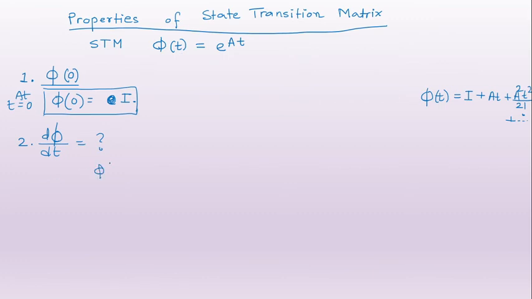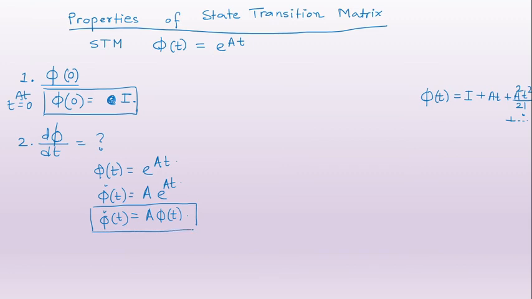If phi t equals e to the power A t, naturally phi dot t will be, obviously A will come out, and it will be e to the power A t, right? So this means phi t. So I can write it as A phi t. The property is telling that this will be A into phi t. It is the second property to remember.